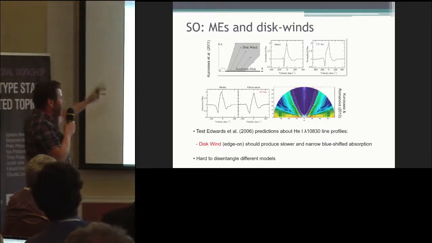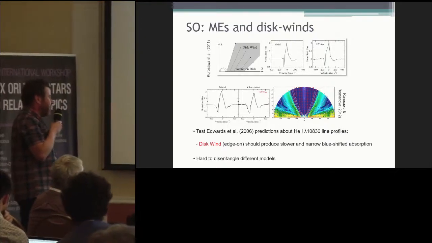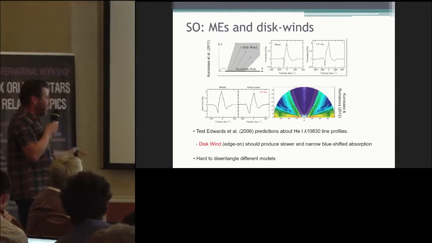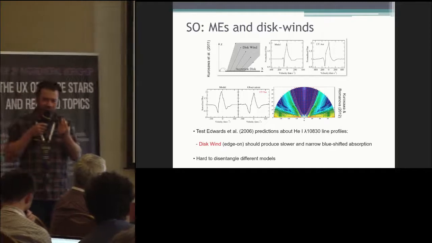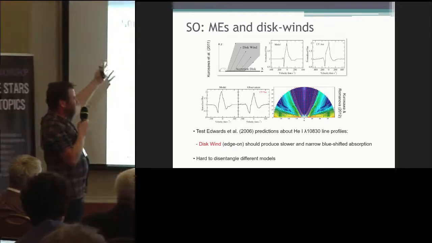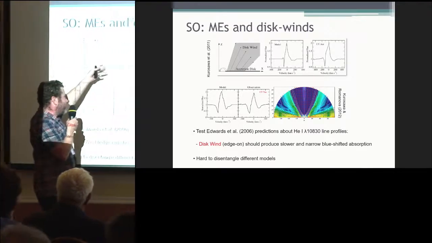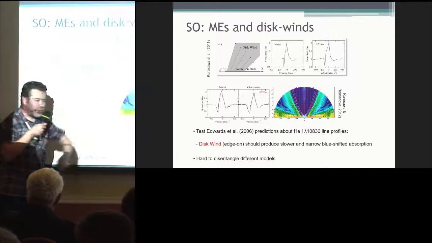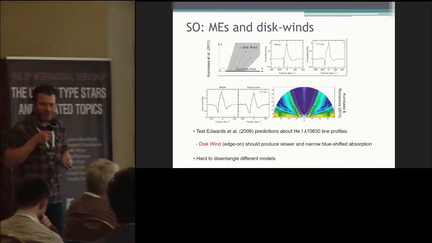The drawback of this work, which I find absolutely fantastic, is that from a theoretical point of view it is quite difficult to disentangle the details of the model. This shows that a crude, simple model or a very complicated MHD simulation could provide you essentially the same line profile.